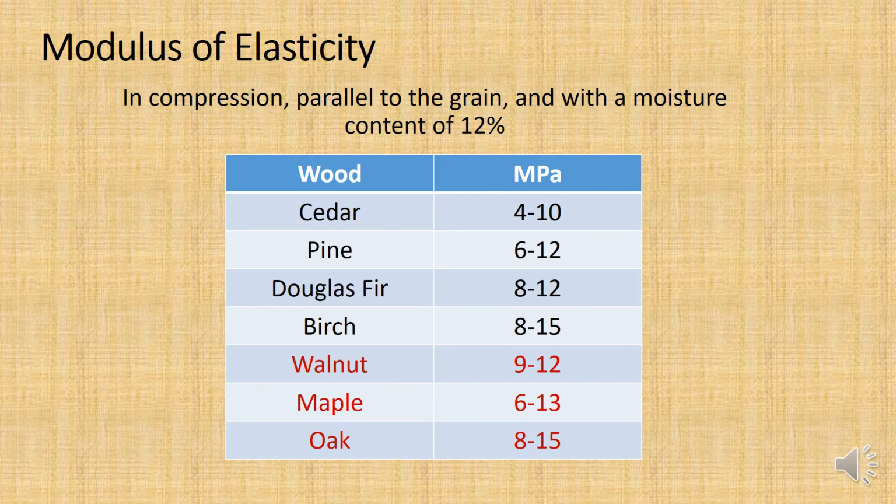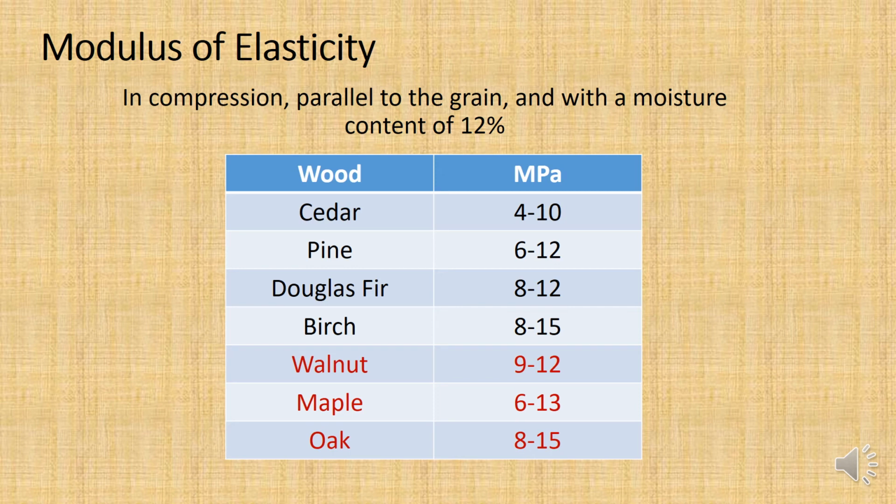So let's look at the modulus of elasticity here. We're looking at the modulus of elasticity in compression, and you can see there's a bit of a variation here. The modulus of elasticity is going to be a little different depending on whether the compression is happening parallel to the grain or perpendicular to the grain.